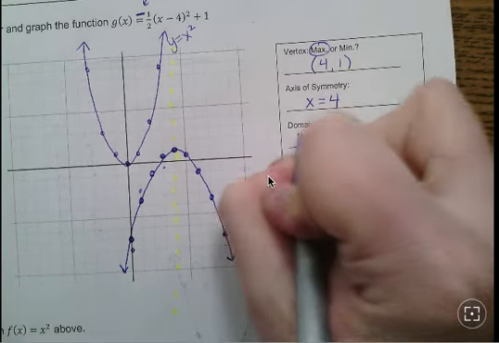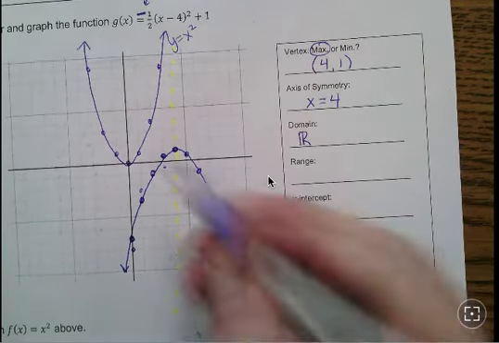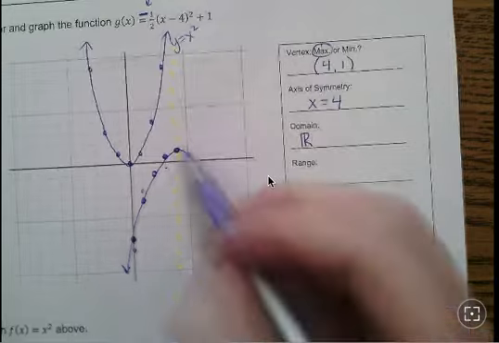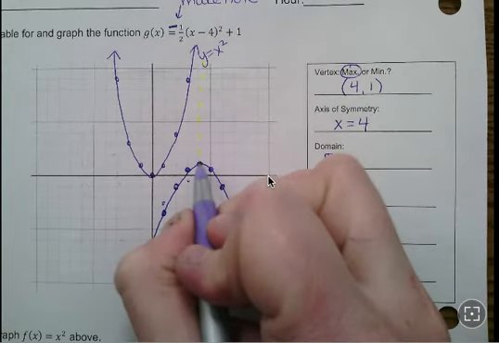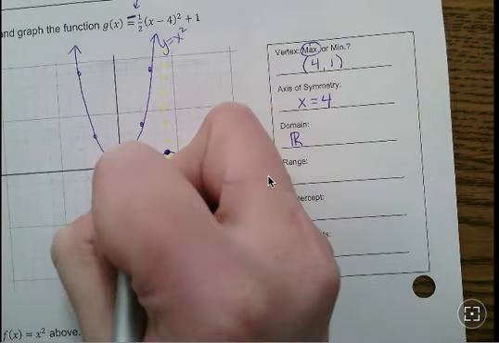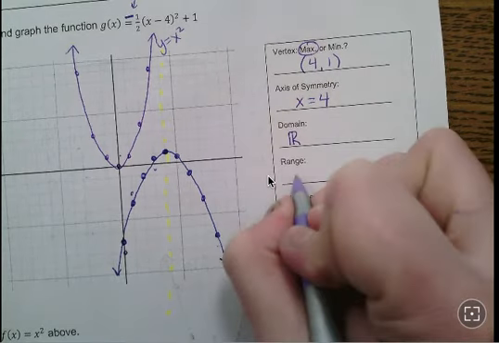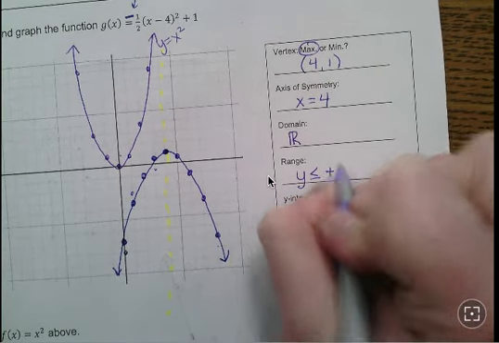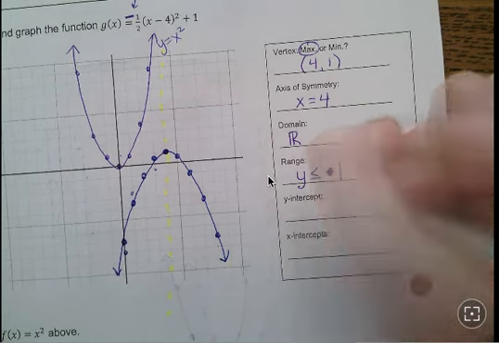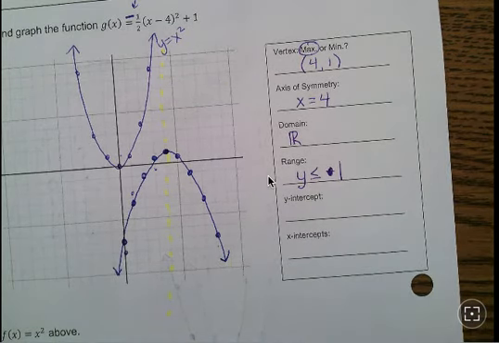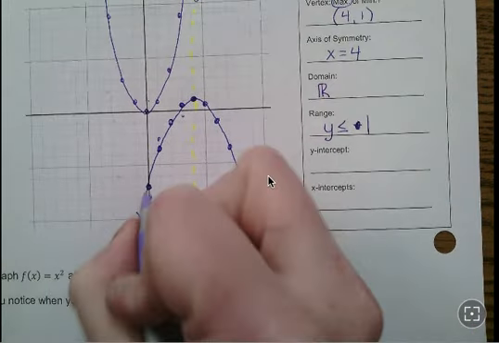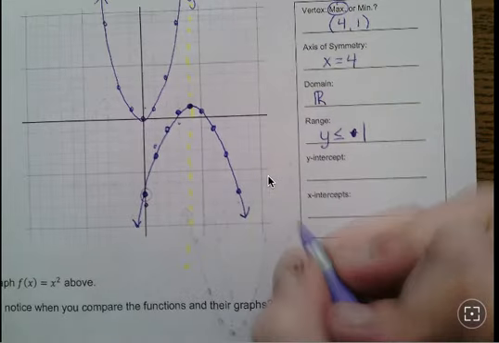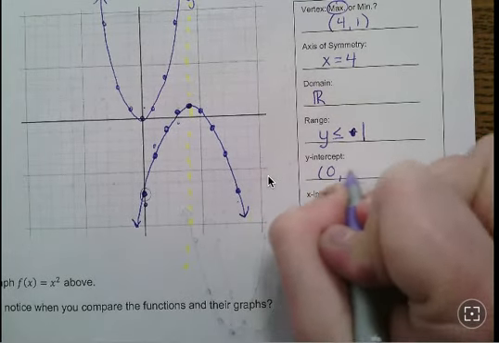The domain is all real numbers, but the range, so things are happening down this way, and things start happening at that y value there of 1. So all of our y values have to be less than or equal to 1. Alrighty? And then the y-intercept is down here, and that is at 0, -7.